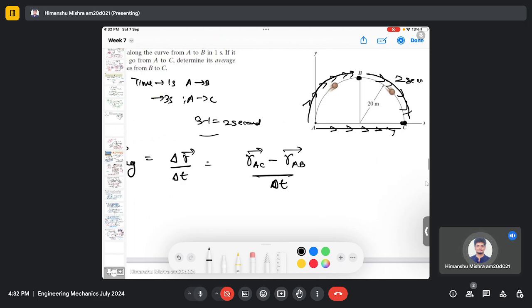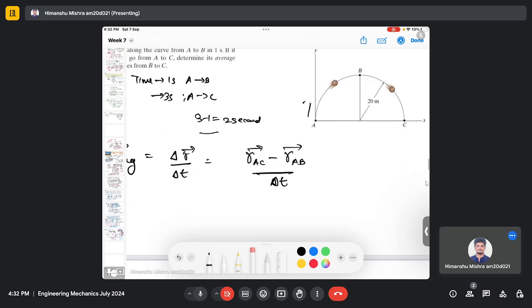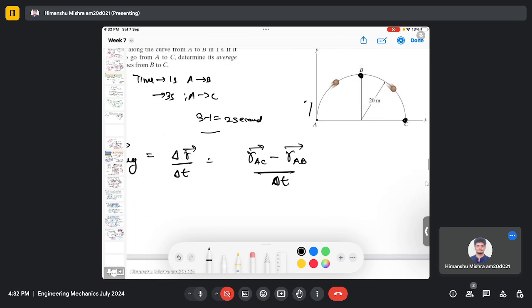So delta t is my 2 seconds here because I need to find the velocity of the particle when it is moving from point B to point C.